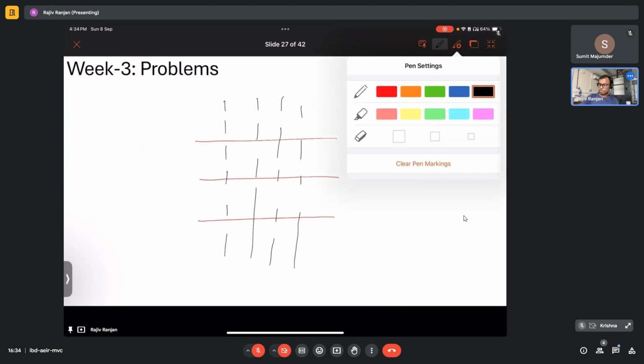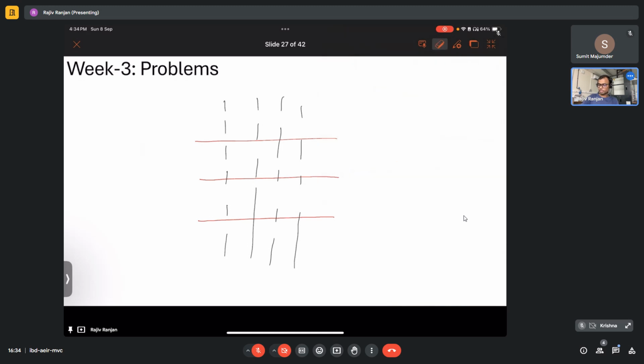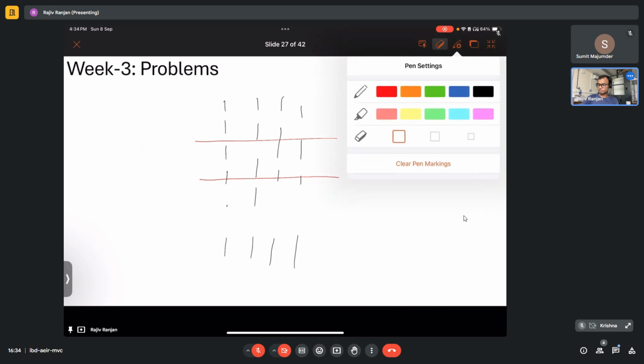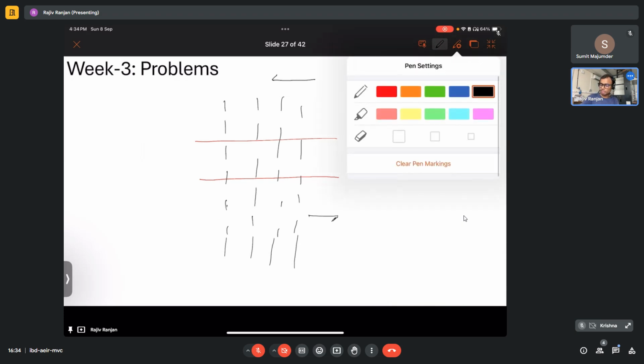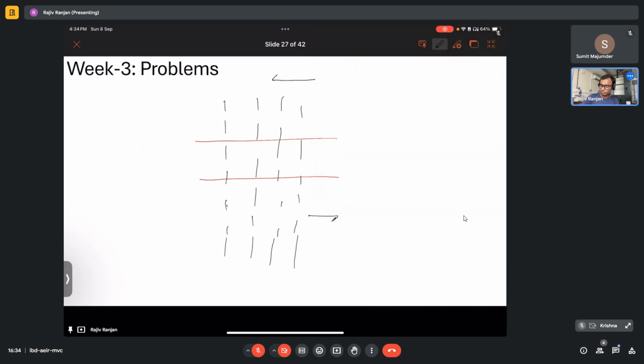To better replicate this, let me delete this. It will help you understand. Now suppose you have a shearing this way, and imagine that this is more competent, and this is less competent. So after shearing, what will happen?